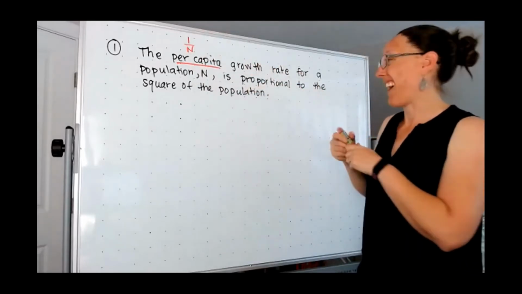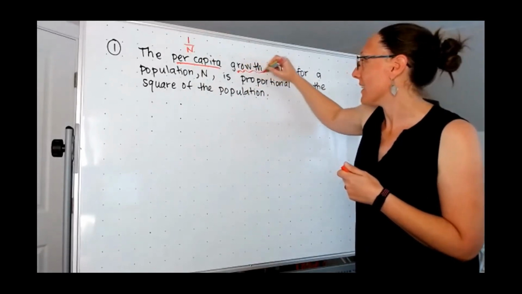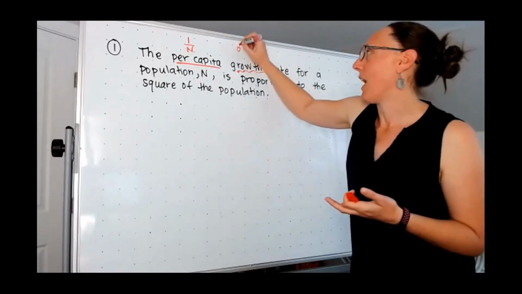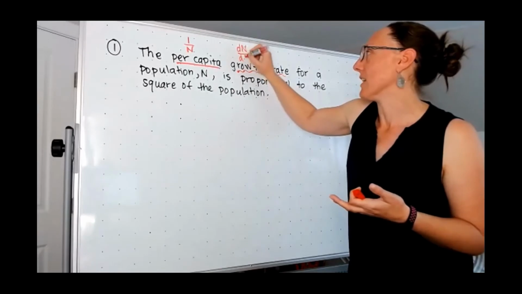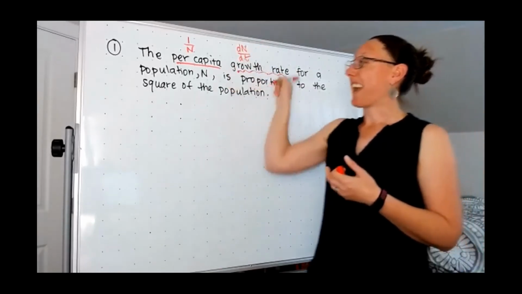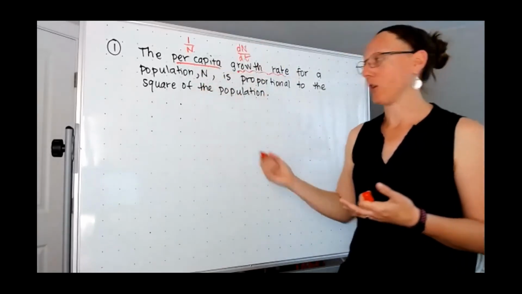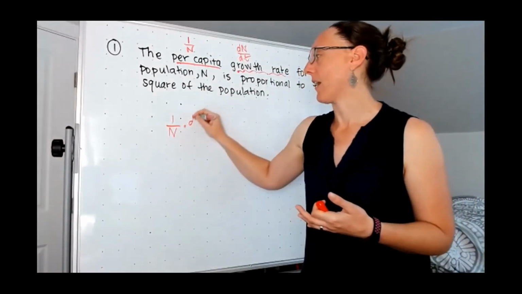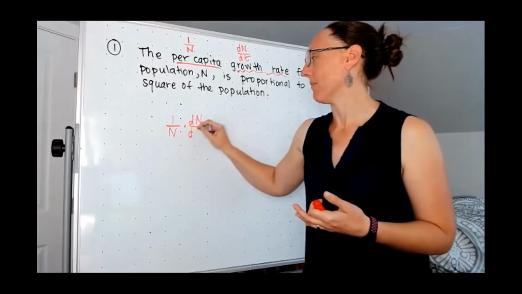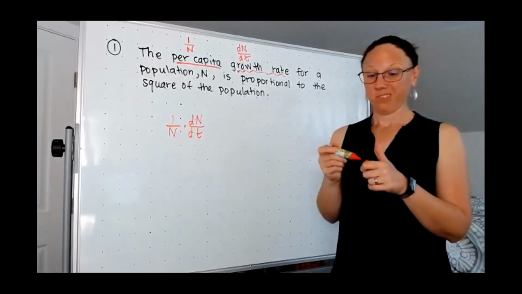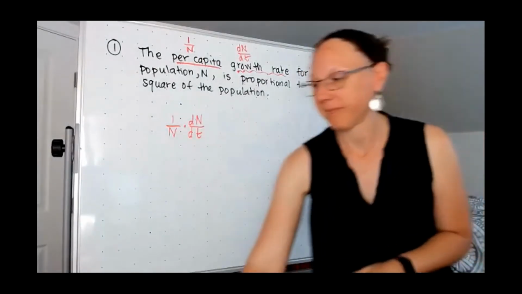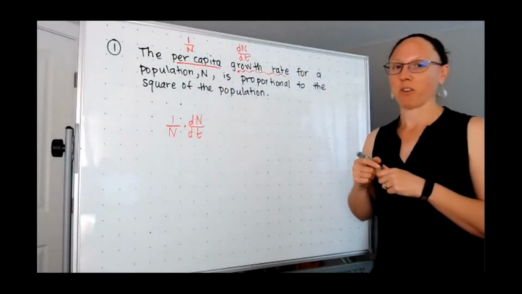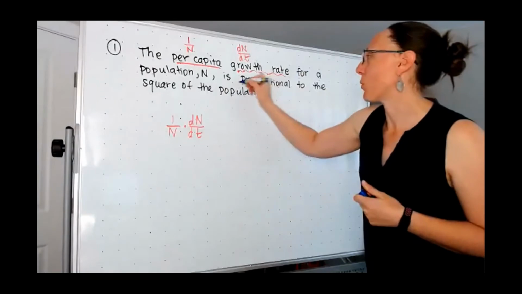Growth rate is telling me this means write some kind of differential equation, meaning I'm going to write dN/dt. So taken together, the per capita growth rate means 1/n times dN/dt. The next part here is that it says our per capita growth rate for the population is proportional to.